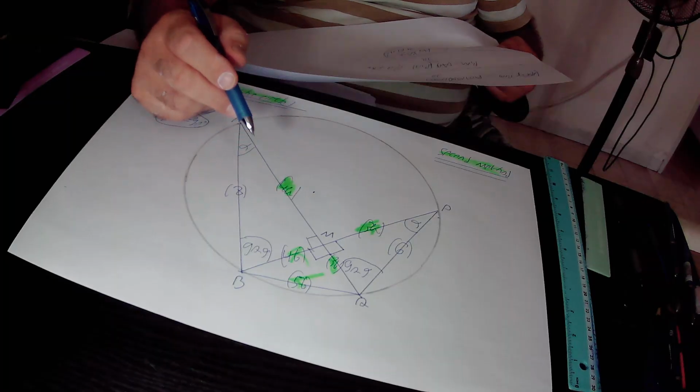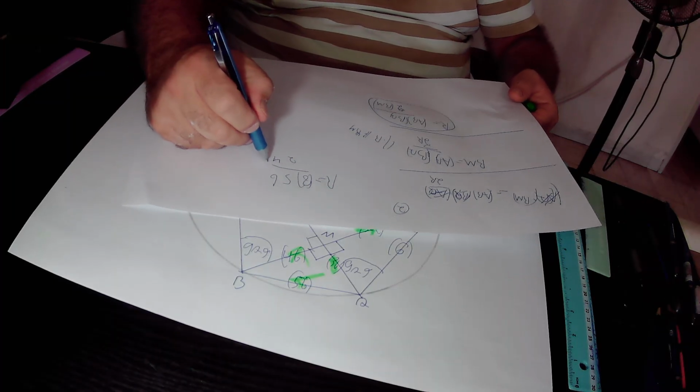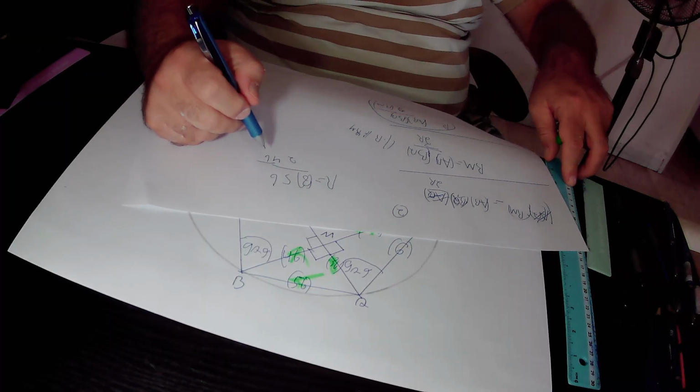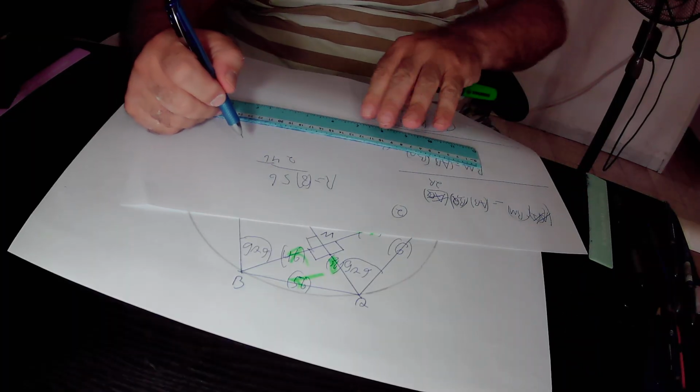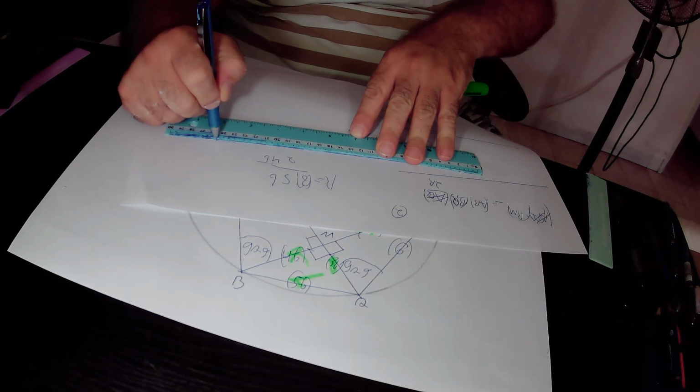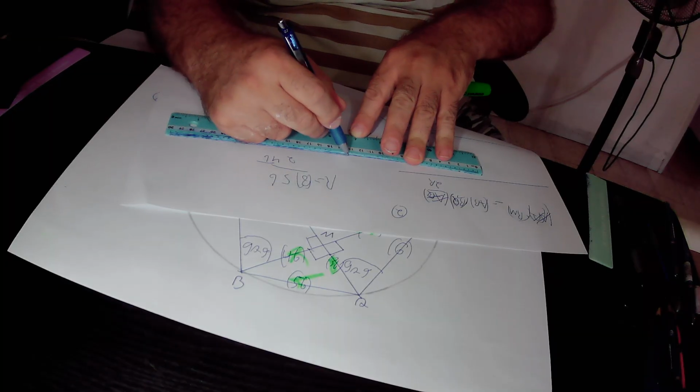BM is 4b. So we find that R equals 8 times 5 times b over 2 times 4 times b.